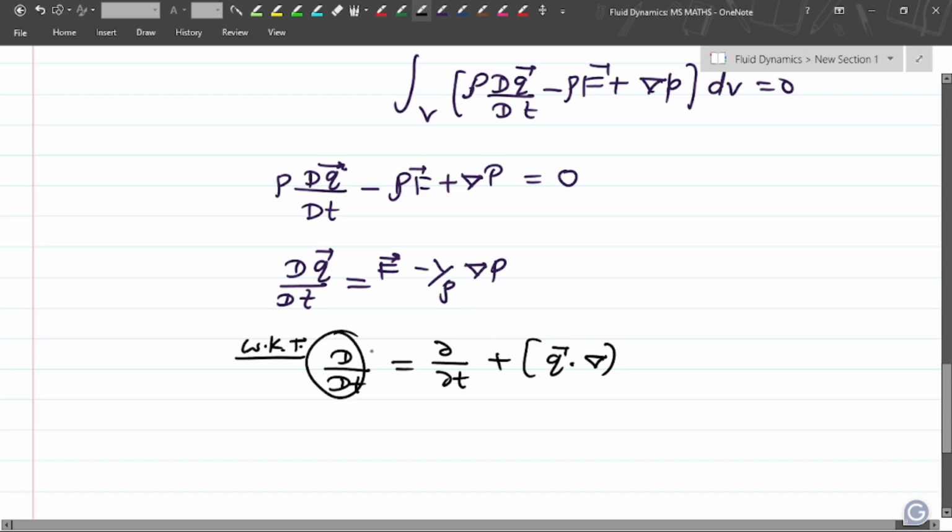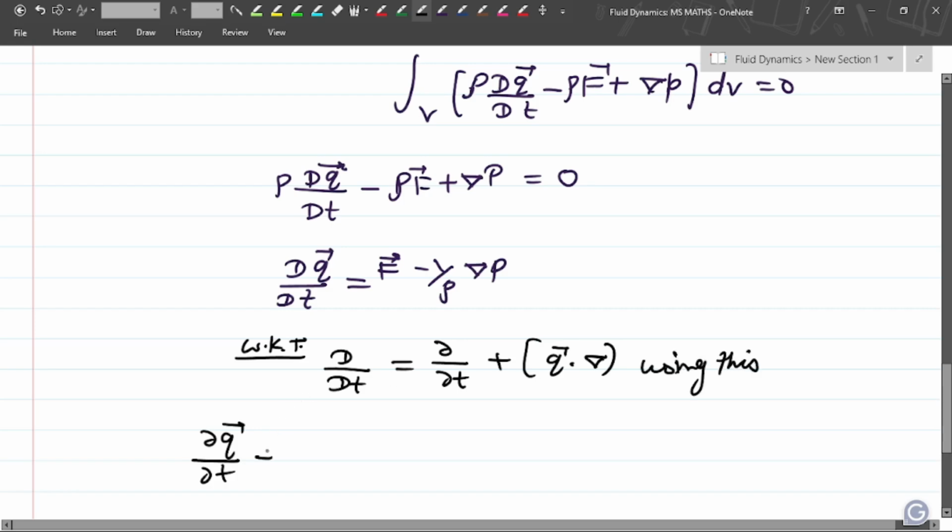Now we will use this here. So we will put q here, and it will be dou q vector by dou t plus q vector dot del q vector.